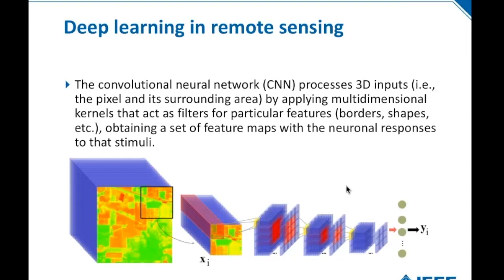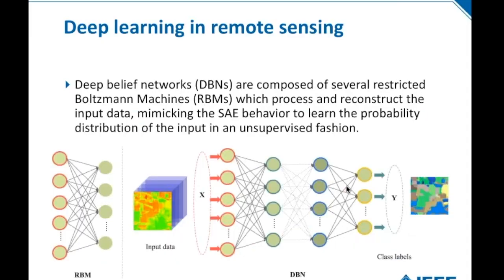We can focus on borders, shapes, or other kinds of stimuli. In the end, we obtain a set of feature maps that will serve as the basis for the classification. In this case, generally we require training data, which is quite difficult to obtain in real scenarios. So we might be constrained by the availability of training data.